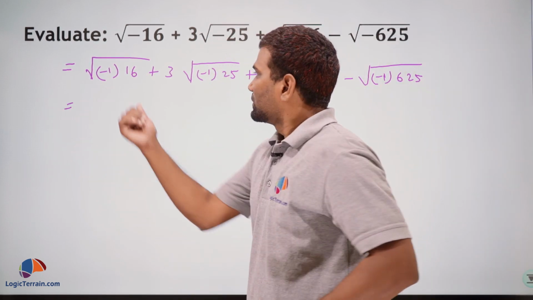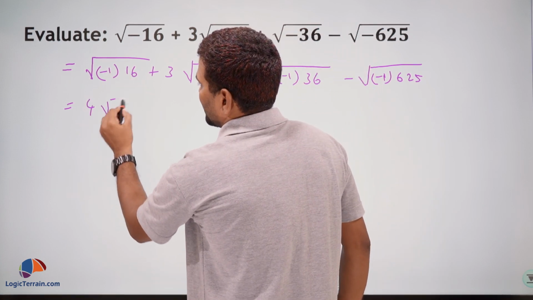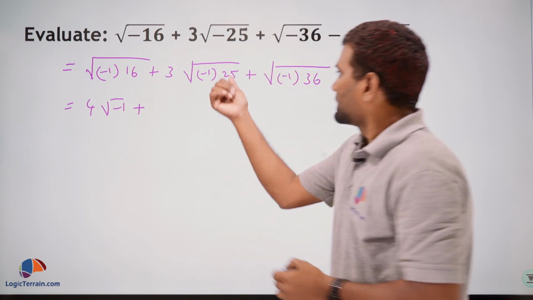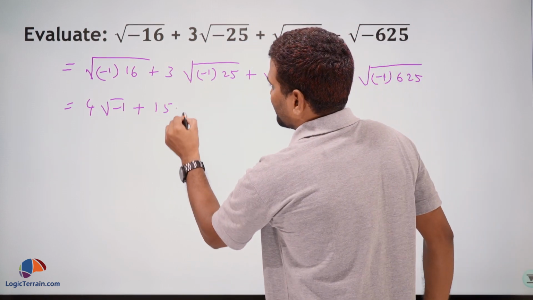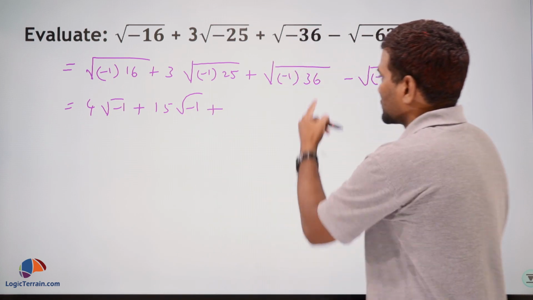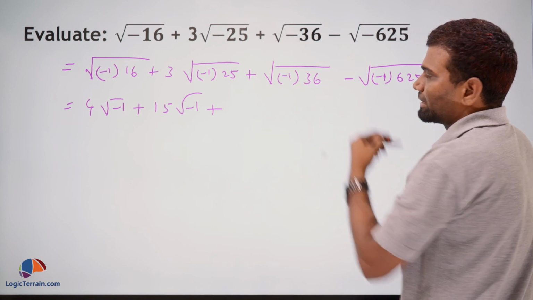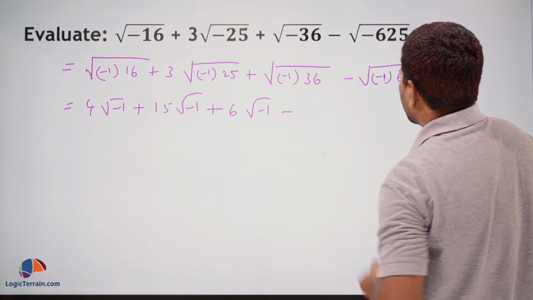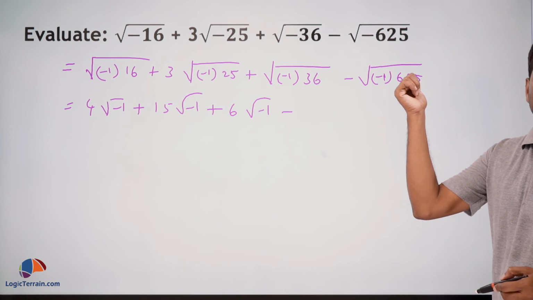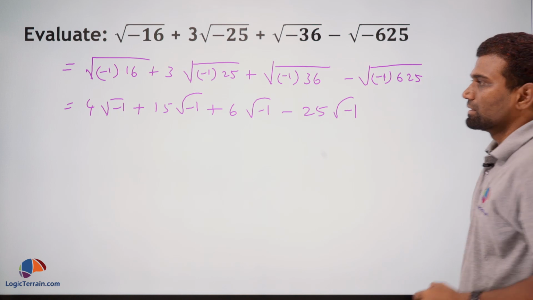Further, square root 16 is 4, so 4 square root of negative 1, plus square root 25 is 5, 5 3s are 15 square root of negative 1, plus square root 36 is 6 square root negative 1, minus square root 625 is 25 square root negative 1.